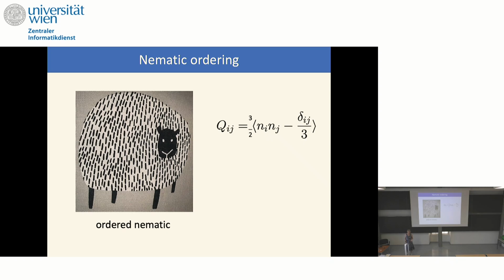It's a tensor order parameter. It tells you the direction of the order. Its largest eigenvector tells me the direction of the order, and its largest eigenvalue tells me how ordered these things are. And that's really a different lecture, so if you're not used to it, just remember Q is the order parameter.